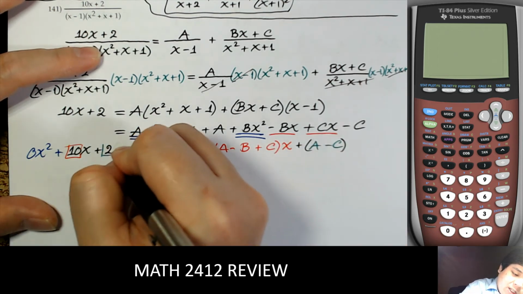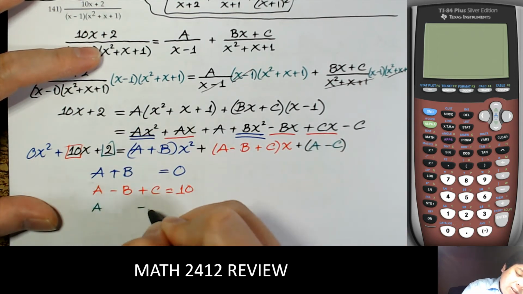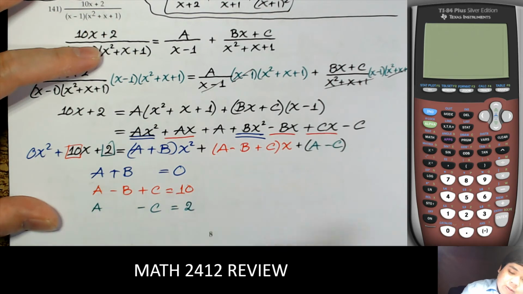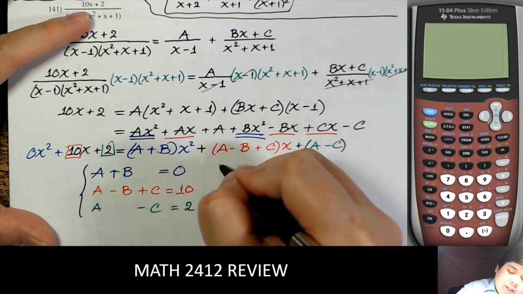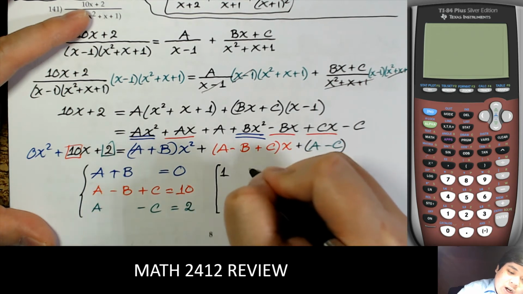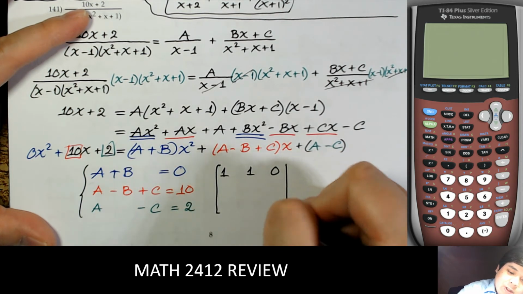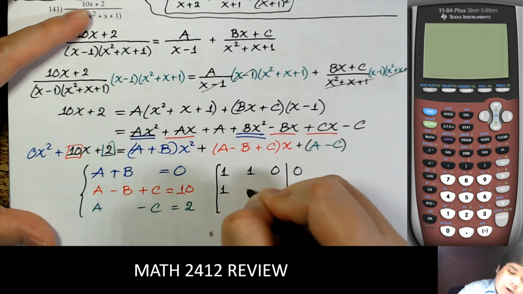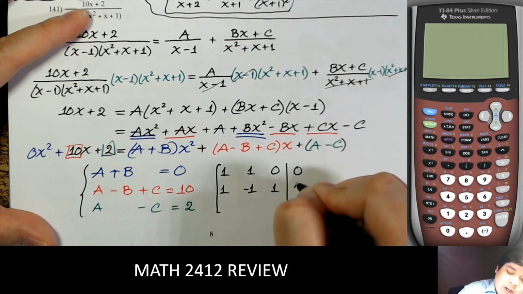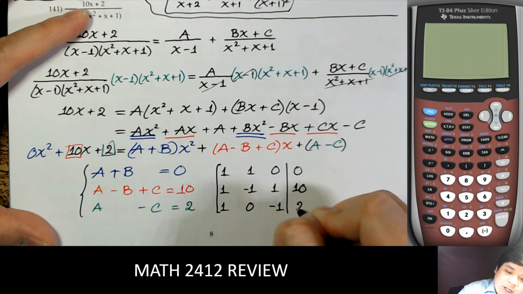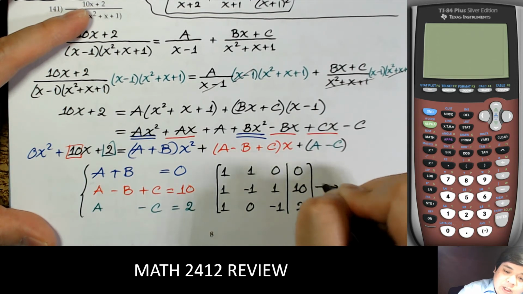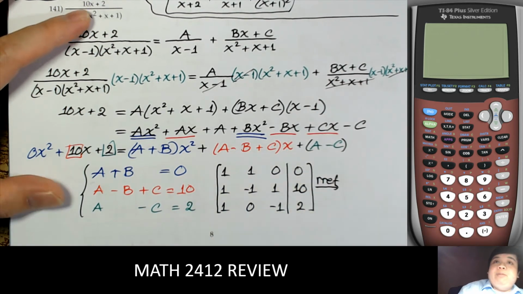And a minus c. Matrix: 1, 1, 0, 0, 1, negative 1, 1, 10, 1, 0, negative 1, and 2. Reduced row echelon form.